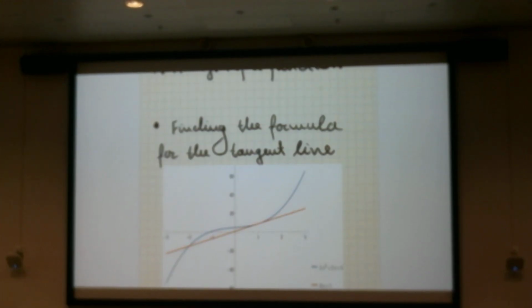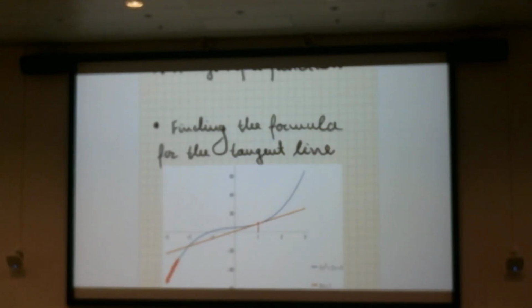And I made it in this example such that this orange line is a tangent line at point x equals 1. Given that I know this function, let's say I want to know the function for this orange line. In this case, I gave it to you, it's 8x plus 1. But how could I find it?